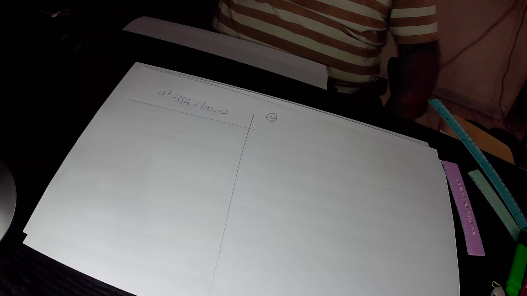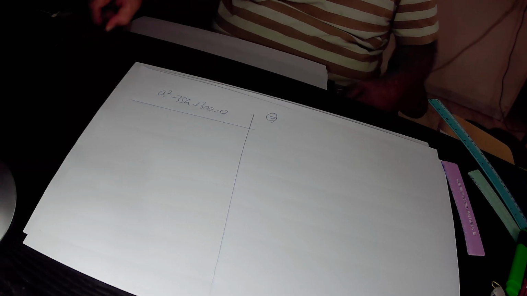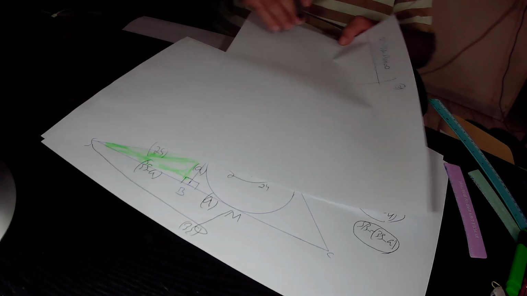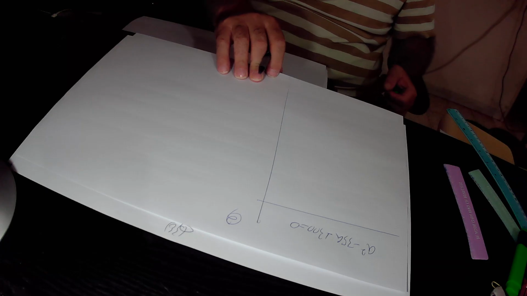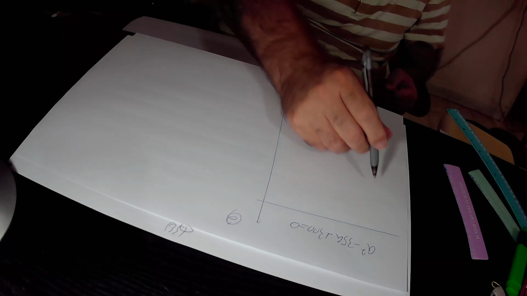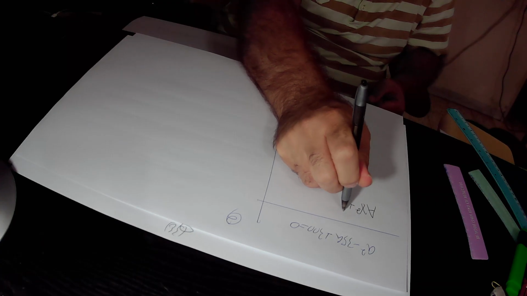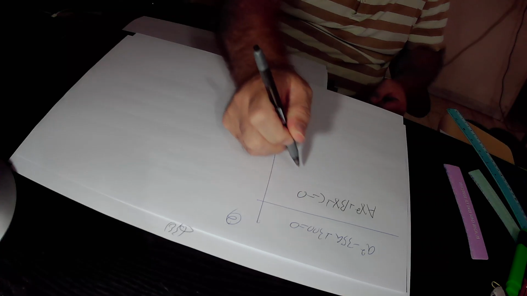So really, this is a quadratic equation. And the general formula for a quadratic equation is ax squared plus bx plus c equals 0.